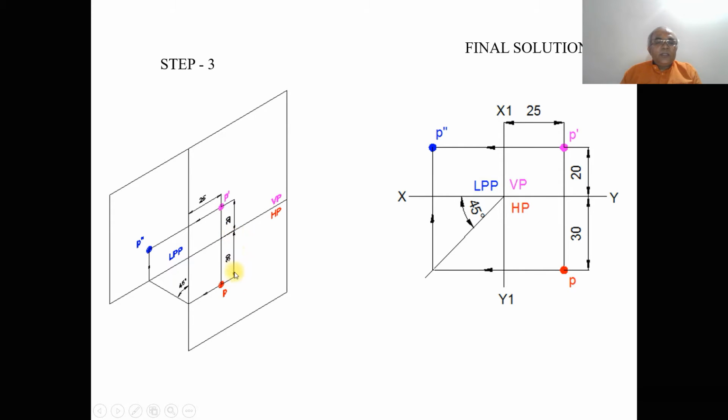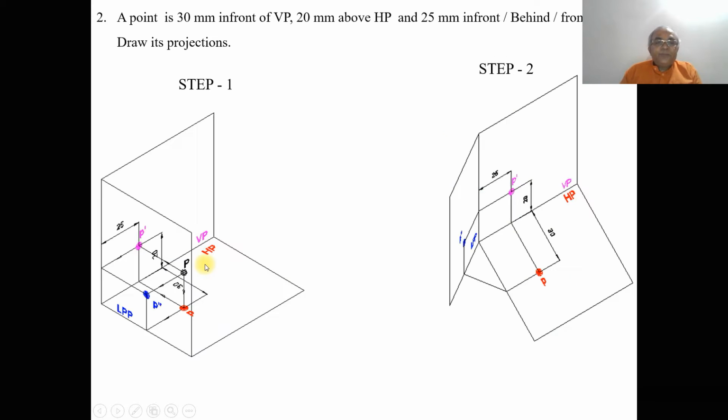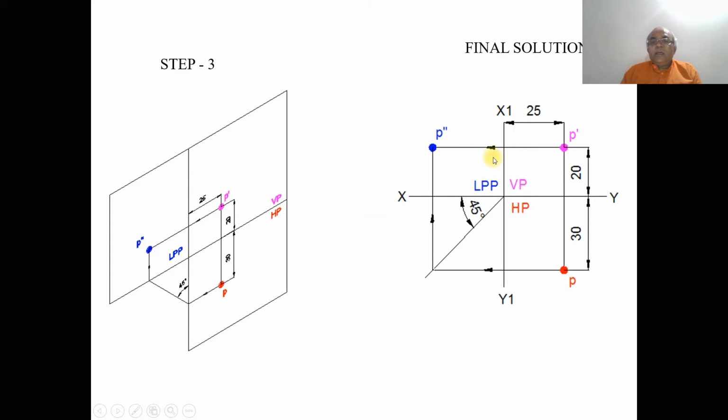From here you measure the distance of 30 mm and mark this point. When you look from the side view, I can see the distance above HP and also in front of VP. When the HP is rotated, the in front of VP distance, which was horizontal, becomes vertical in the HP. When LPP is rotated, the in front of VP distance becomes horizontal.